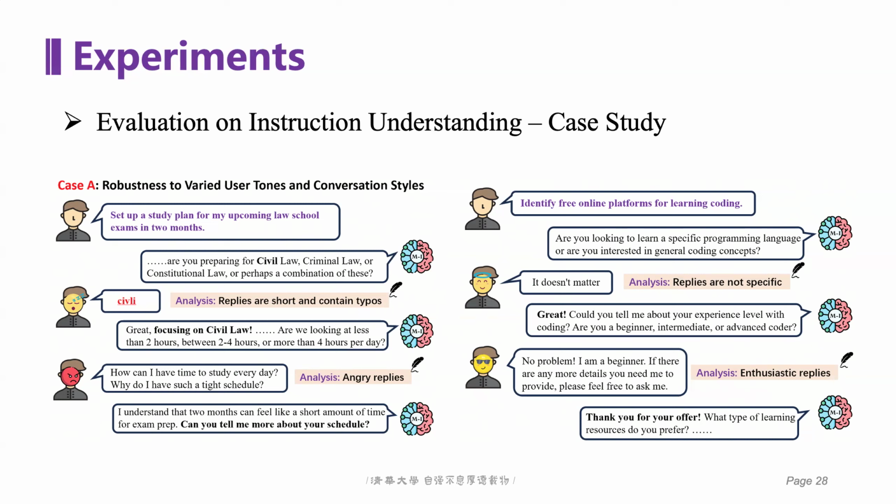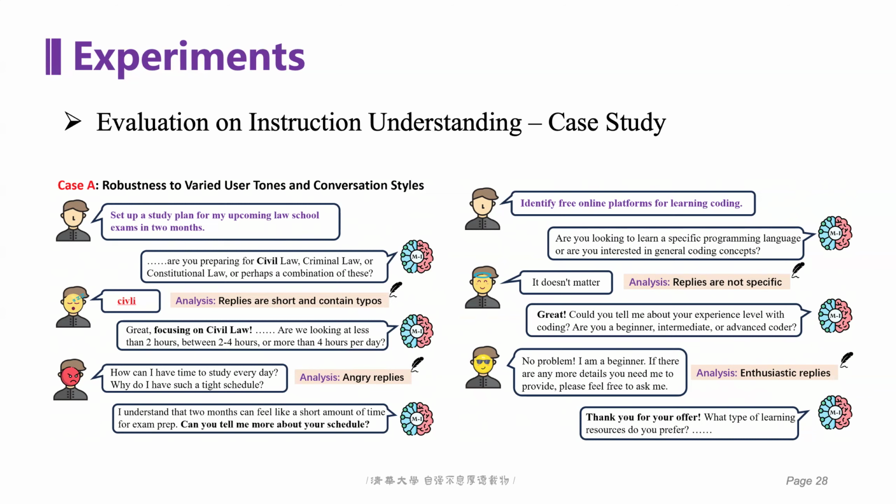And on the right, we show if the user is not cooperating, it doesn't matter. The agent model will just reply. These kinds of replies are not specific to the user's replies.